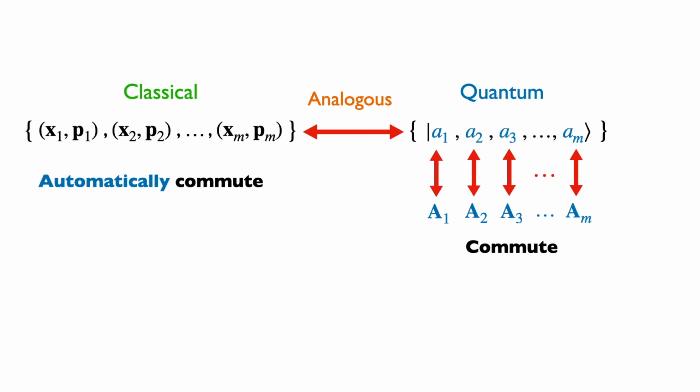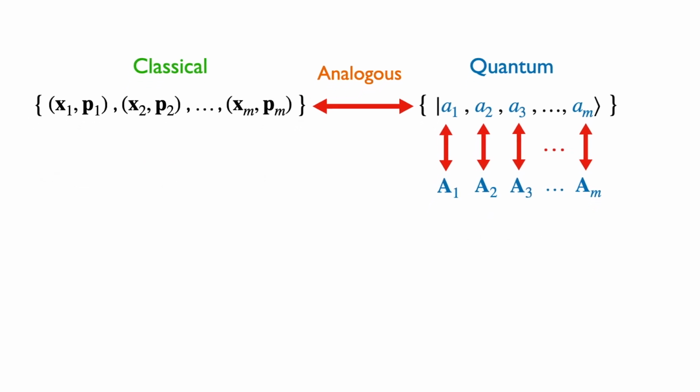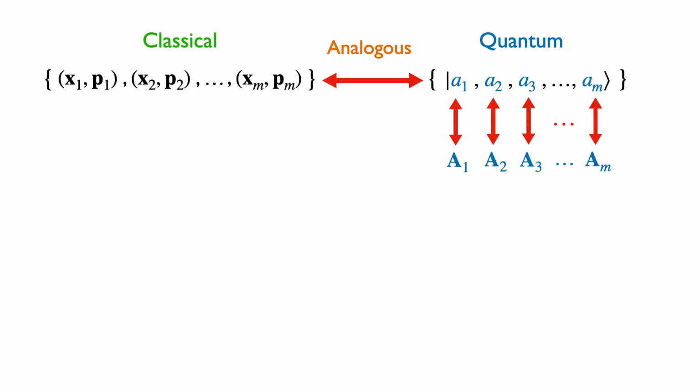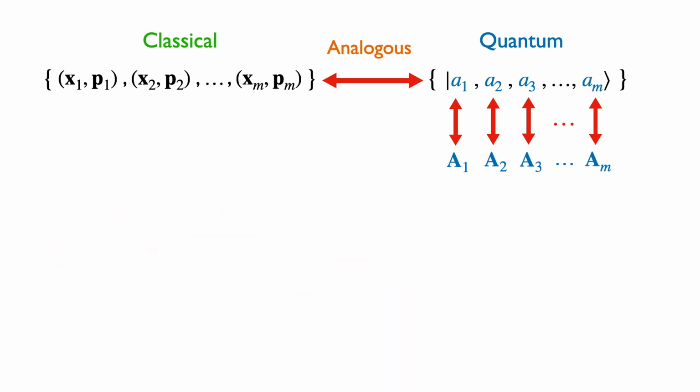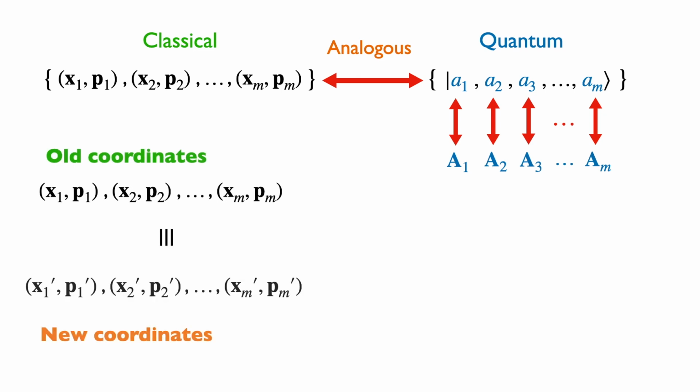Although we can choose to describe the system using an alternative set of variables in both the classical and quantum case, there are distinct differences between them. In the classical case, choosing different variables amounts to a coordinate transformation. That is to say, they are physically equivalent, and both sets of coordinates describe the same state.